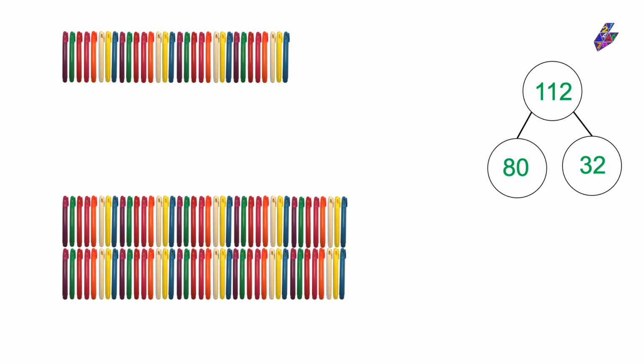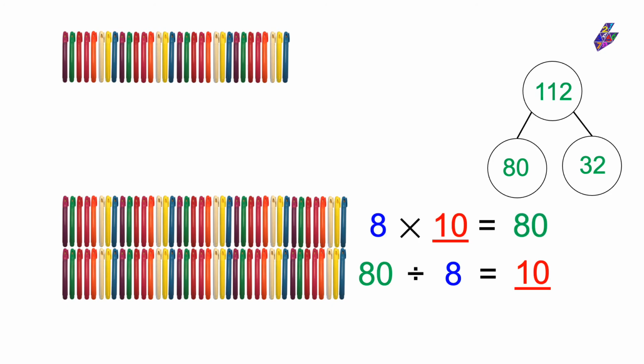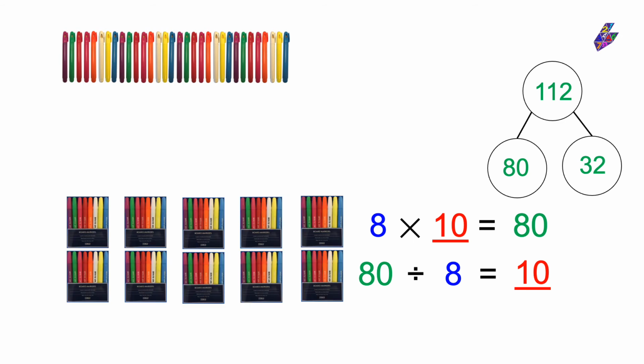When we're talking about groups of 8, 80 is a handy number to work with because 8 multiplied by 10 is 80. So 80 divided by 8 is equal to 10. At this stage, this is often a known fact for many people. So these 80 pens will produce 10 packs of pens if there are 8 per pack.